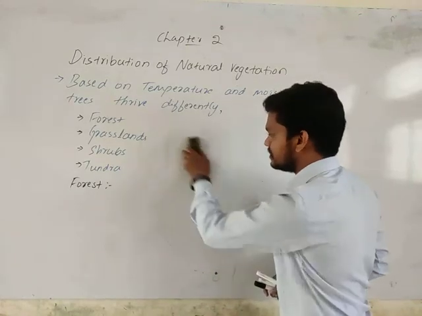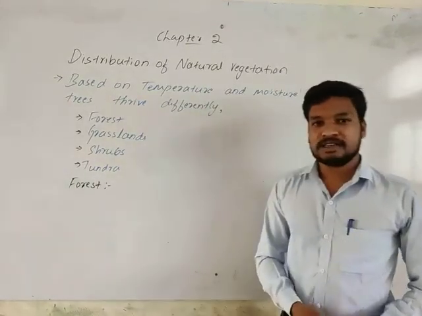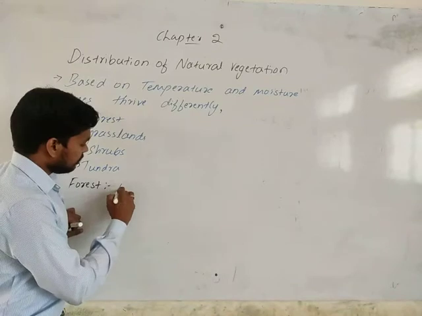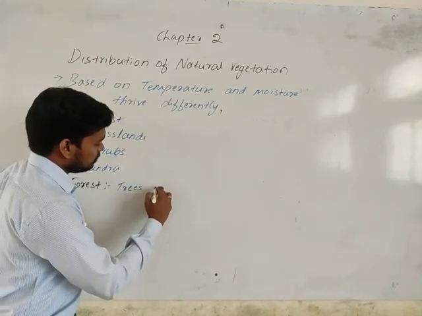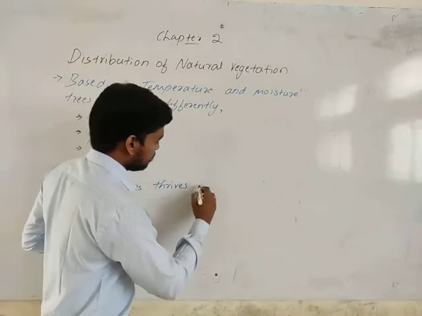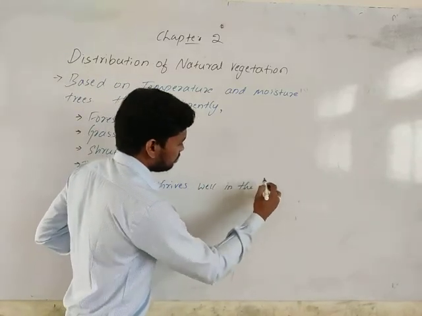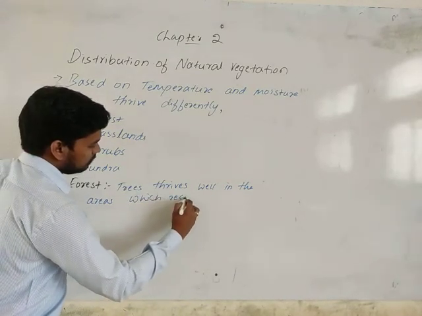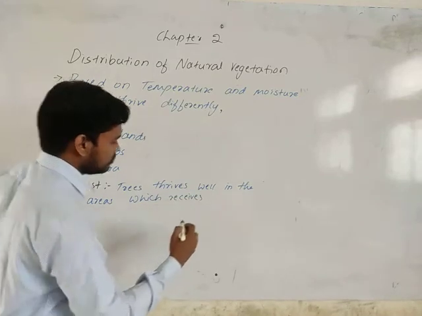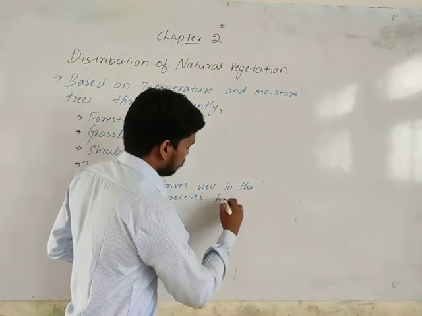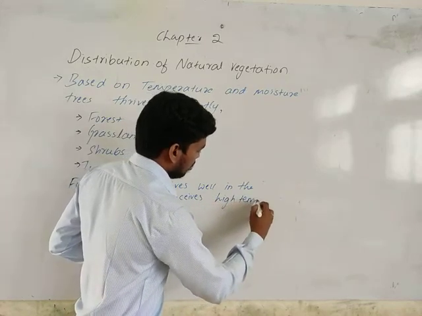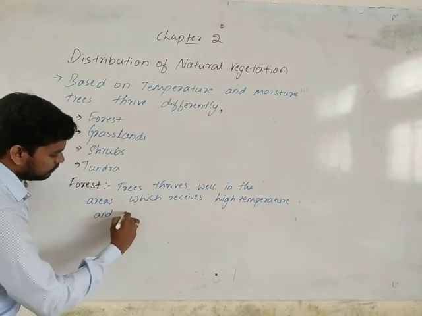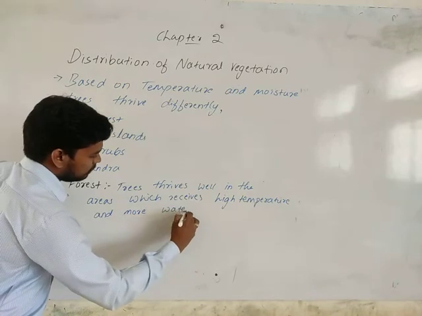So the trees or plants in the areas which receive high temperature thrive, or otherwise grow well, in areas which receive high temperature and have more water available.